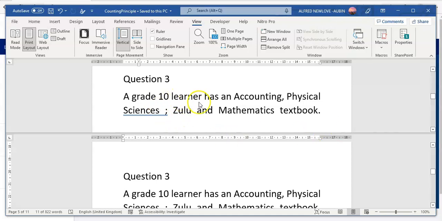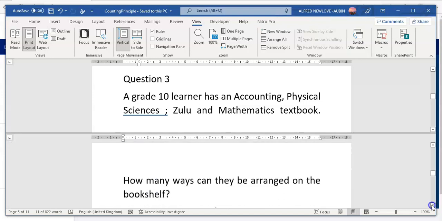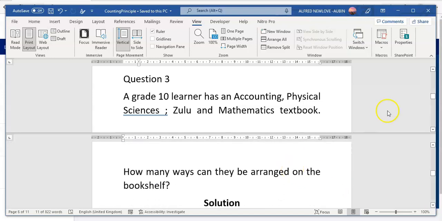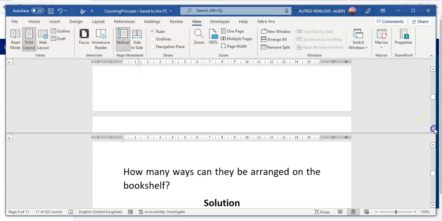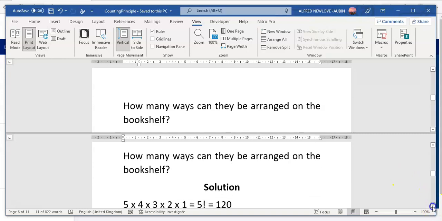A grade 10 learner has accounting, physical sciences, Zulu and mathematics textbooks. How many ways can they be arranged on the same shelf?